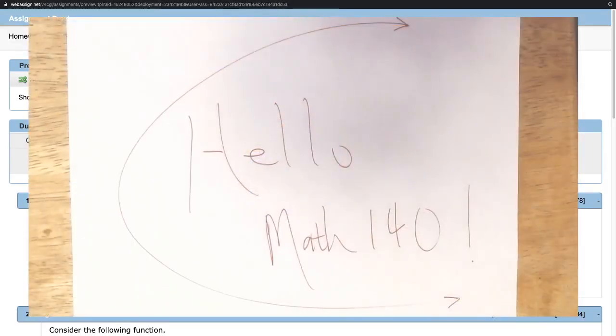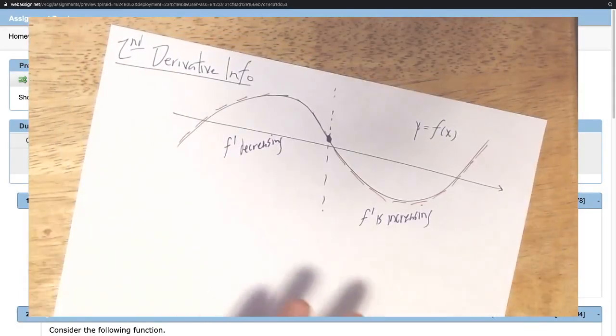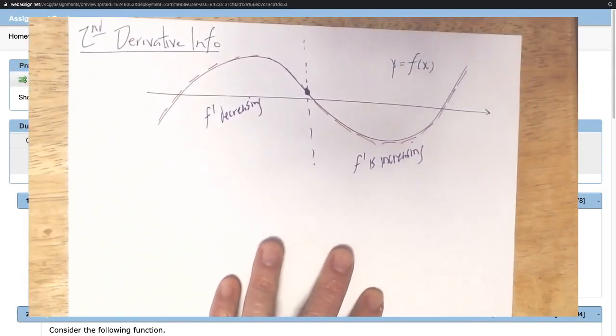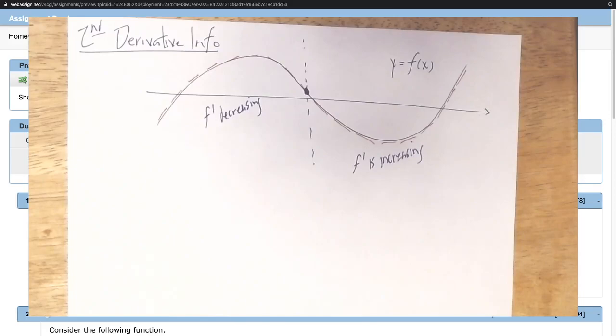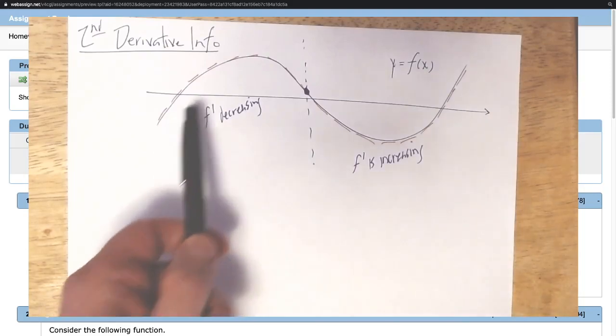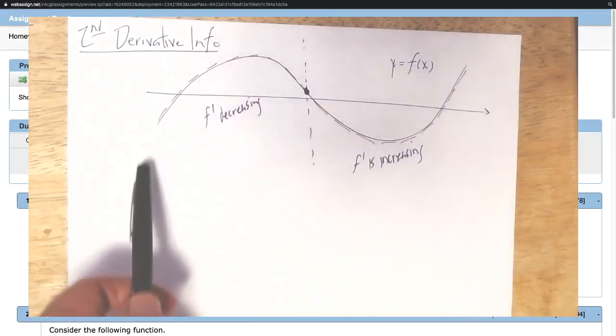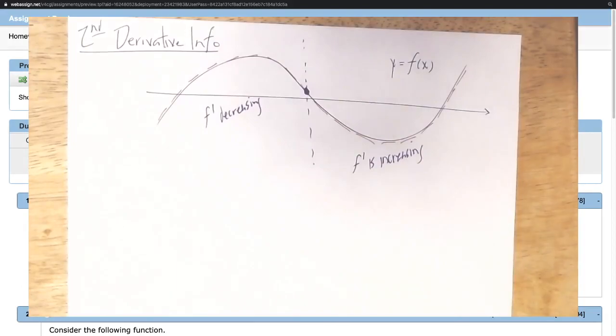I wanted to first go over conceptually what the information in the second derivative is telling us about a function. So I've just got a generic function here. It's the purple curve, the sine wave looking curve you see there.